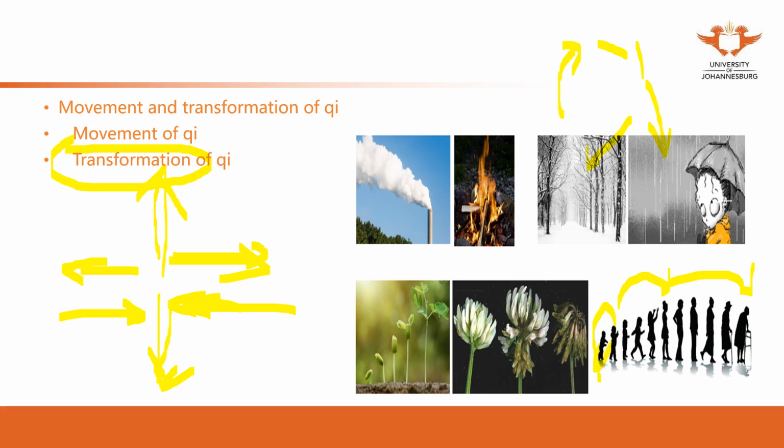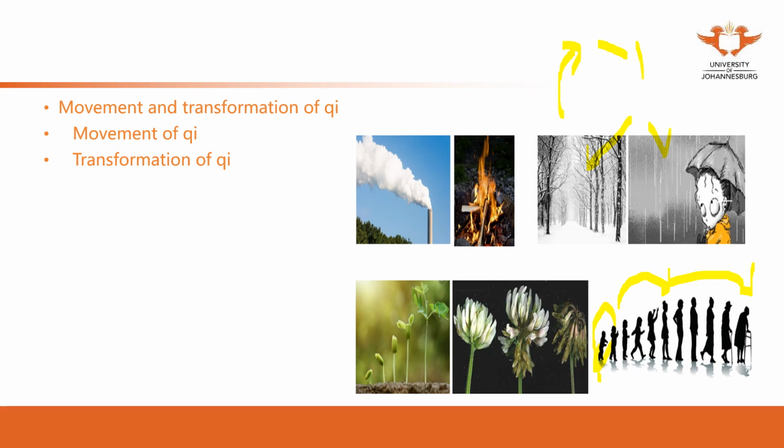How many movements does the qi have? There are only 4 movements. So you can use these 4 movements to explain everything. You actually can see all movements anywhere.